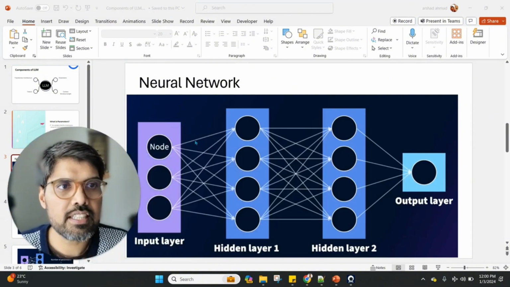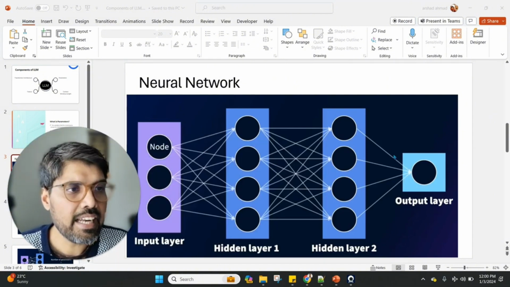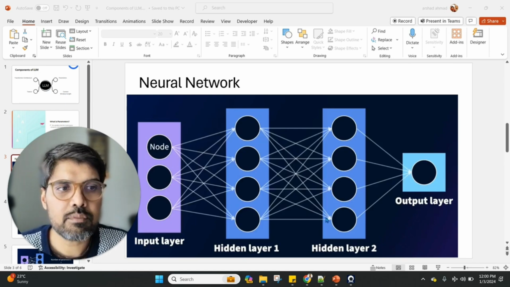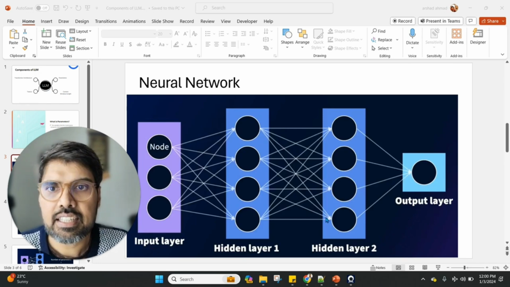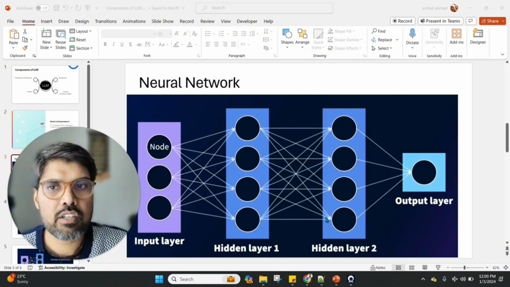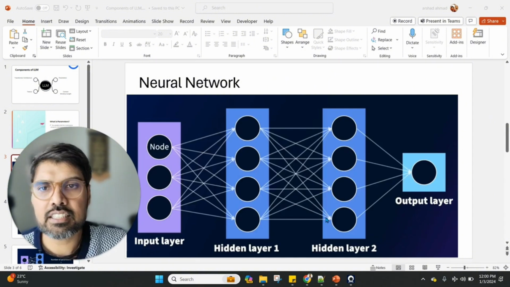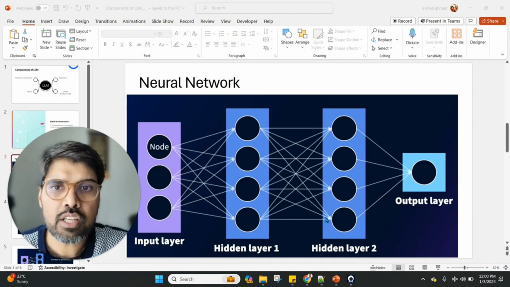what we are going to see is a neural network. It consists of an input layer and an output layer, and in the middle there is something called a hidden layer. This is a visual representation of a neural network, and you can see the architecture has different layers, and the node is represented by a circle in the graphics.